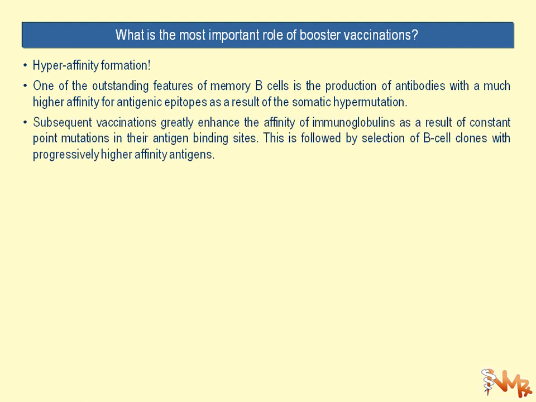Subsequent vaccination greatly enhances the affinity of immunoglobulins as a result of constant point mutations in their antigen binding sites. This is followed by selection of B cell clones with progressively higher affinity for the very same antigen.